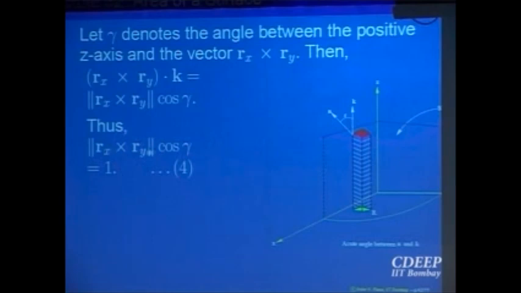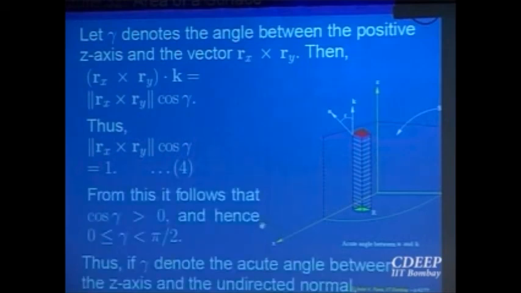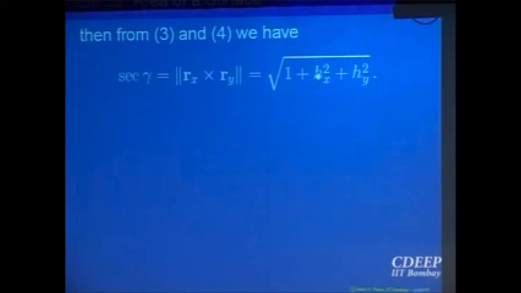Instead of writing the norm of Rx cross Ry dx dy, I can write it in terms of the angle, because sometimes it is easier to compute that angle instead of the vector Ru cross Rv or Rx cross Ry. So the angle must be acute, and finally secant gamma must be equal to this.